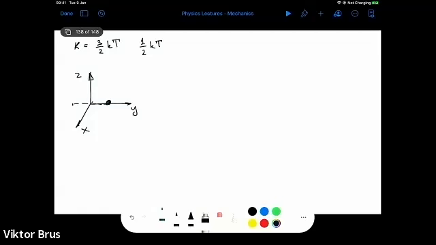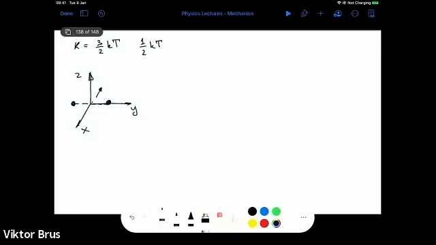So this is our diatomic molecule, and it can participate in translational motion. So when they move, let's say along axis x, or doesn't matter, the angle of orientation of this molecule doesn't change with respect to 3 axes of this system of coordinates. So obviously we will have contribution from translational kinetic energy.